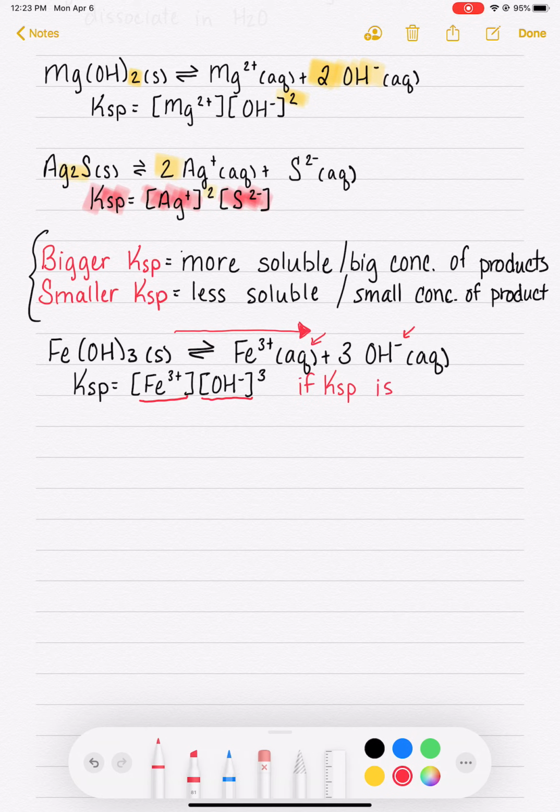If the KSP is a big number, the solid is very dissolved and also very dissociated.